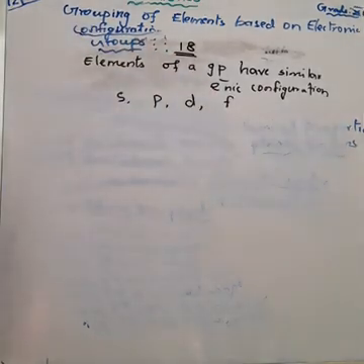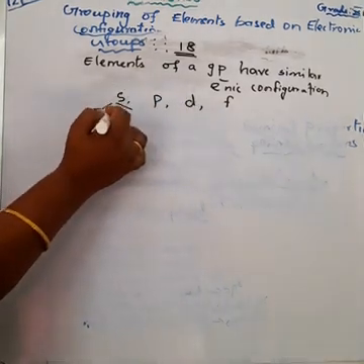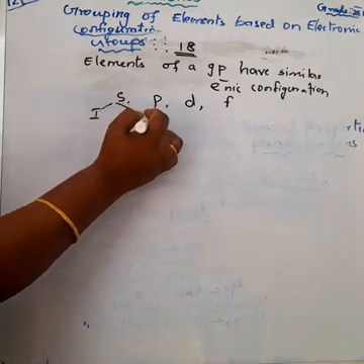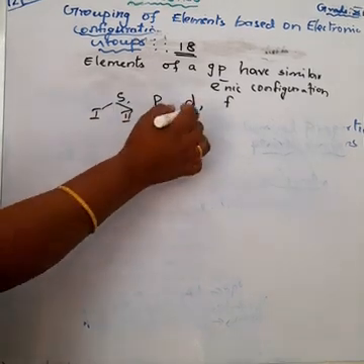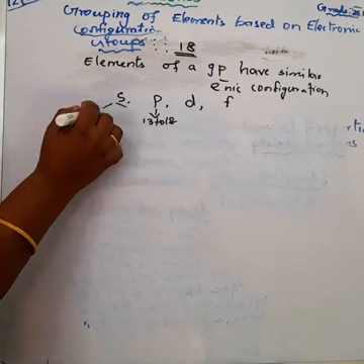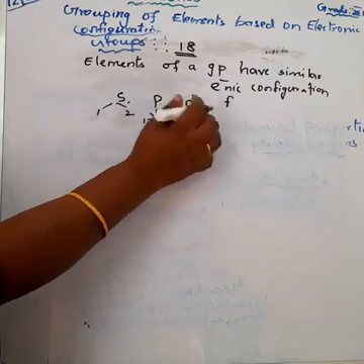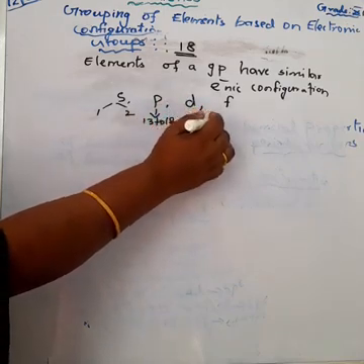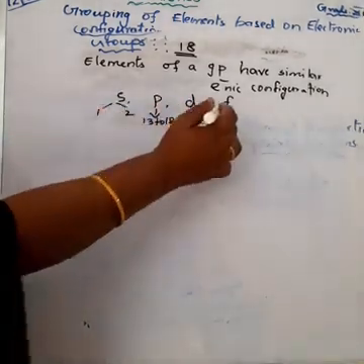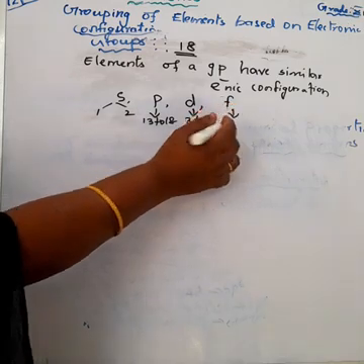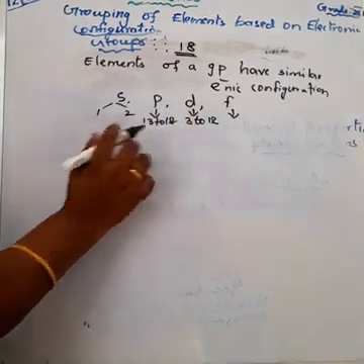Okay, S block elements, P block elements, D block elements and F block elements. Listen here. The first and second groups we call the S block elements, and groups 13 to 18 are called P block elements. Groups 3 to 12, after the S block elements, are the D block elements. And the F block elements are placed at the bottom of the periodic table, but this is not their correct position.